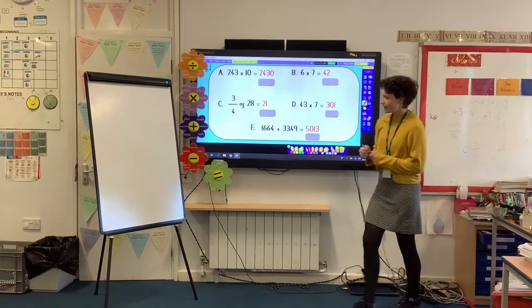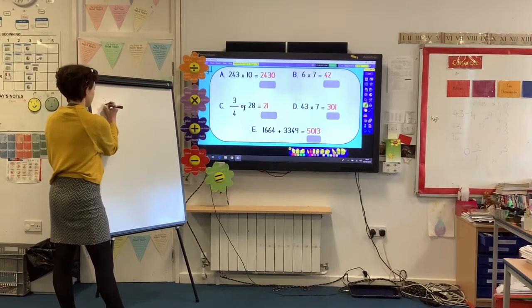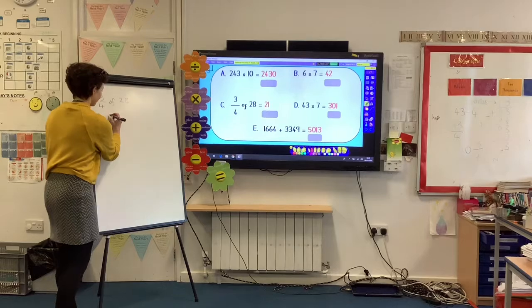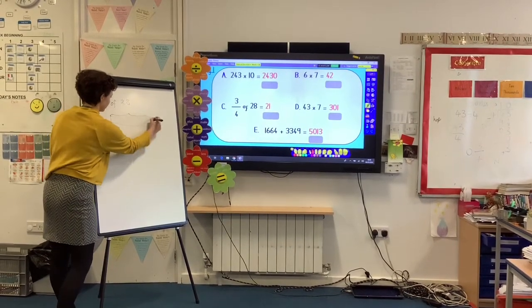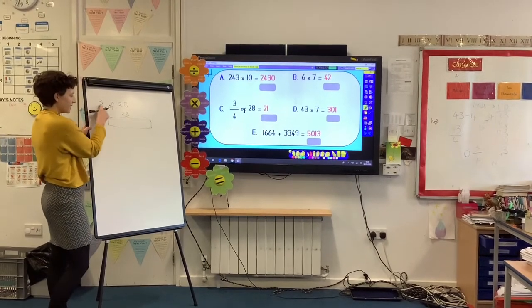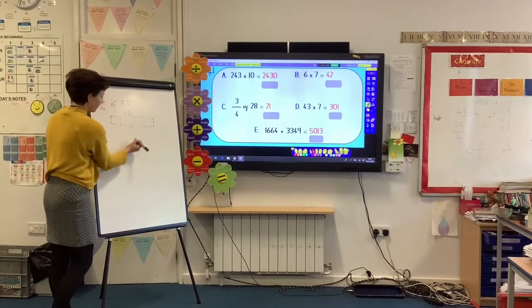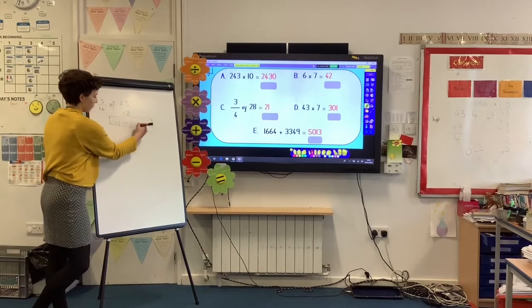C, if we have a go at doing 3/4 of 28, if I have my whole here, I know that is 28. Because my denominator is 4, I know I need to split my whole into 4 equal parts, and I need to find the value of 3 of those.